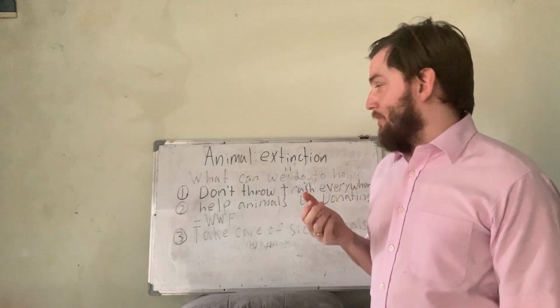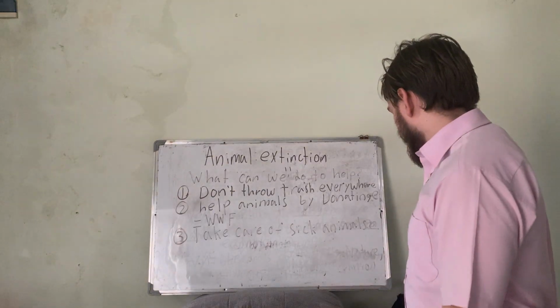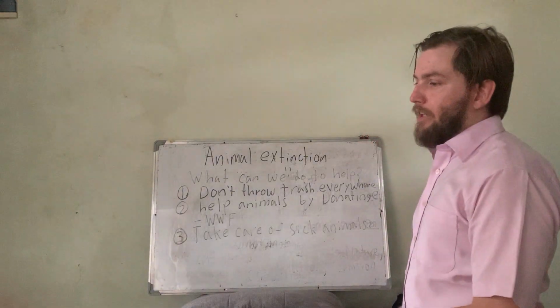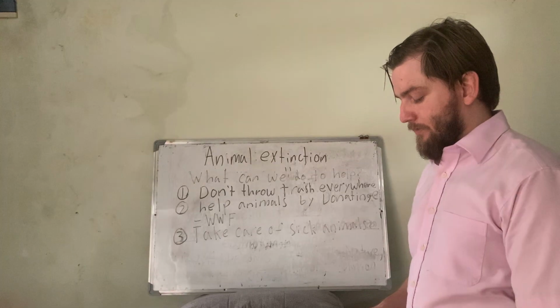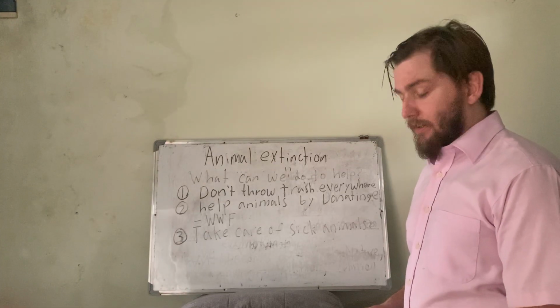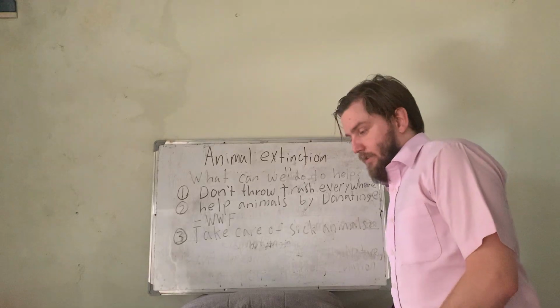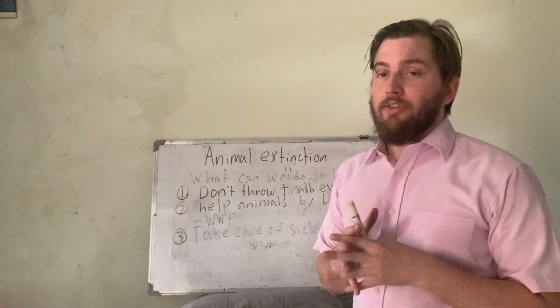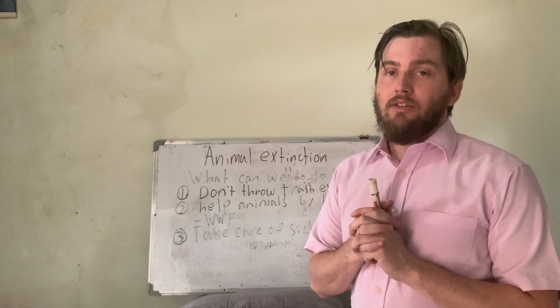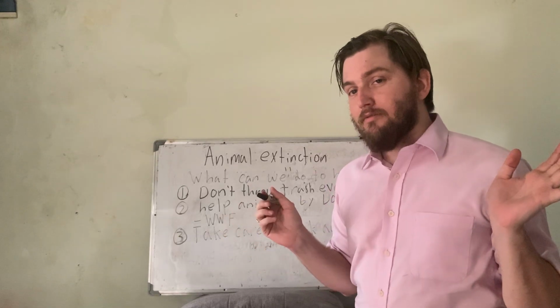So I want you guys to know that you can help an animal later when you're older, and that all animals that go extinct we will never be able to see again.